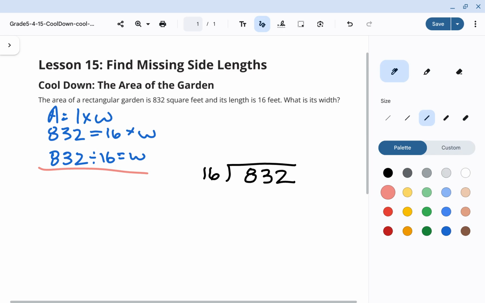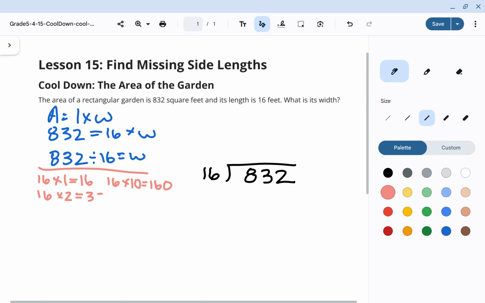So I know, of course, that 16 times 1 equals 16. Because I know that, I also know that 16 times 10 is going to give us 160. Okay, we know that. Let's do 16 times 2. Now, 16 times 2 is going to give us an answer of what?